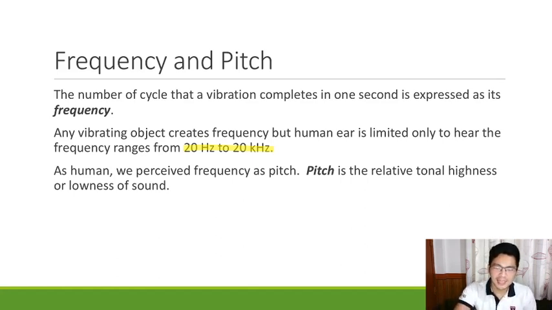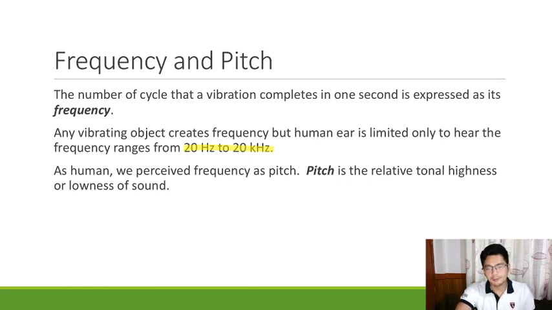However, yung kaya lang mapakinggan ng human ear daw is just 20 Hz to 20 kHz. So meaning, kung hindi mo kayang mag-vibrate ng at least 20 Hz sa kada isang segundo, halimbawa mangingisay ka. So pagka nangisay ka, you need to vibrate at least 20 times sa isang segundo for you to produce sound that we can hear. So ganun class yung ibig sabihin natin dito.